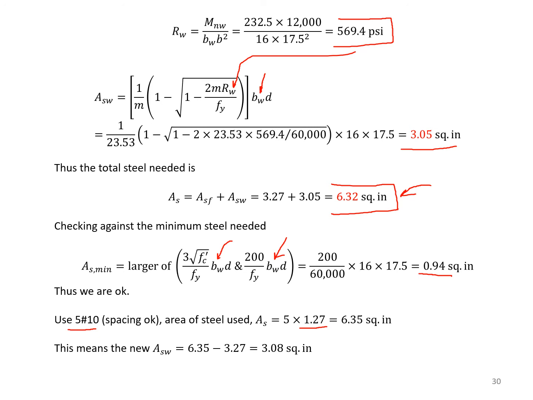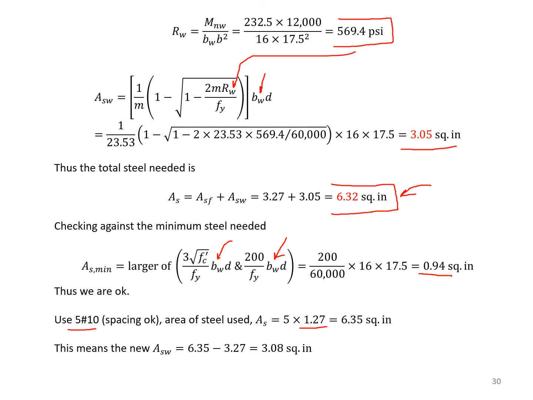That is the space occupied by the bars, the stirrups, and the protection cover, deducted from the total of 16, and then divided by the number of spaces, which is 4. The result should be larger than 1 inch and larger than the diameter of the bar, which it is in this case. So we can fit 5 number 10 within that 16-inch width.